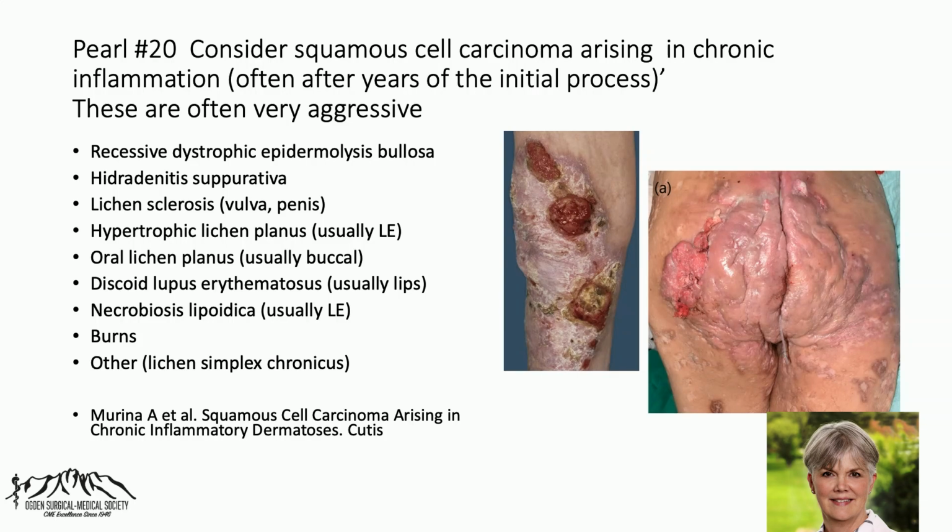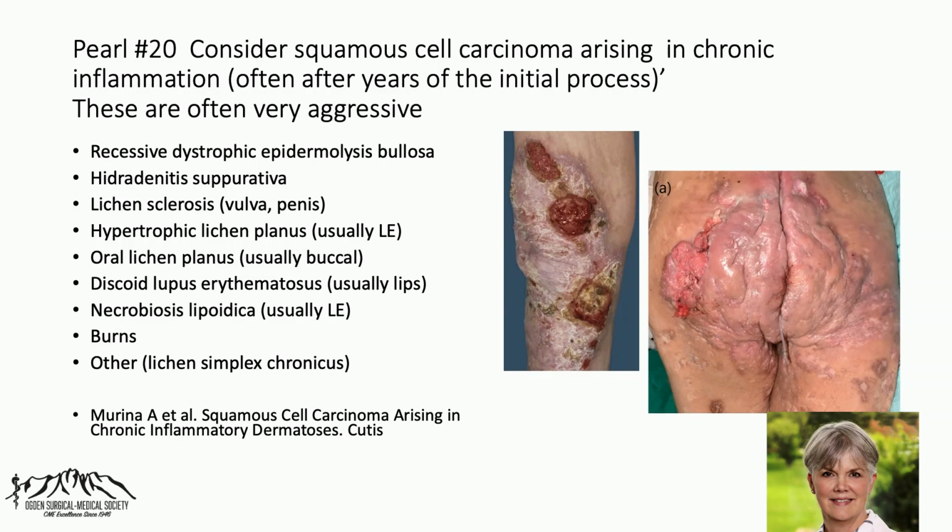And the reason that this is important is they tend to be some of the most dangerous squamous cell carcinomas that lead to the patient's death. Anybody who's ever seen a patient with dystrophic EB knows that that's what they die of, is squamous cells that develop in the chronically blistering skin. But this is a patient who has a squamous cell on their left buttock from hidradenitis suppurativa, and I've seen this 4 times in my career.